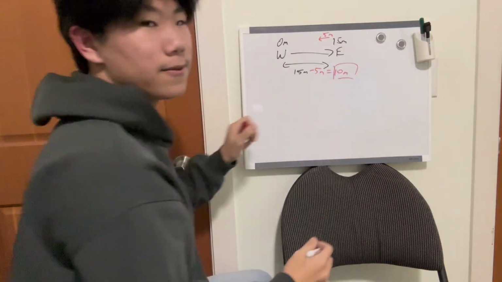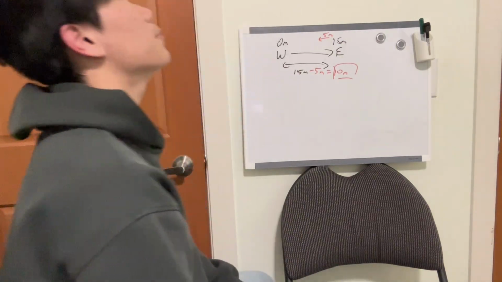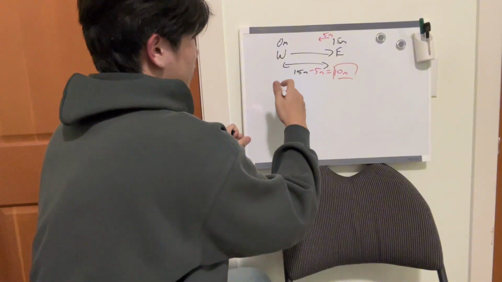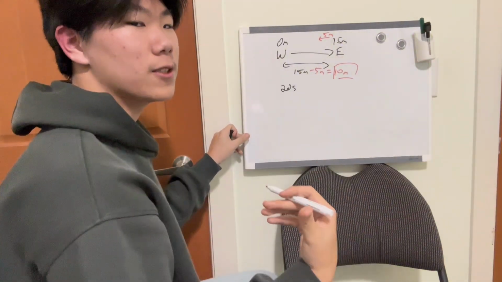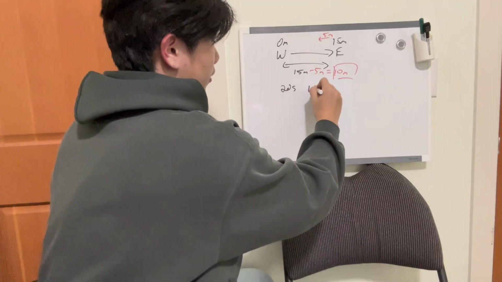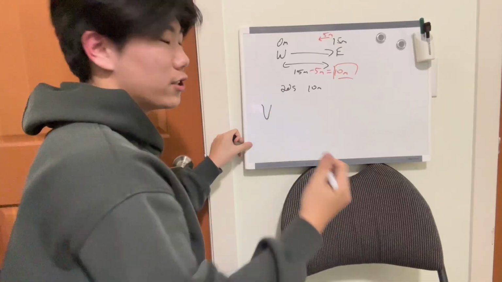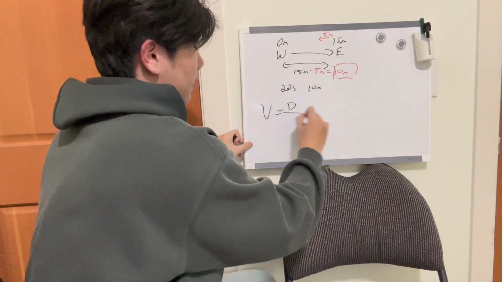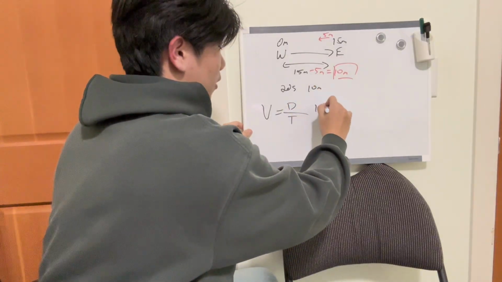That is my displacement. Now, let's say it takes me 20 seconds to fully walk 15 meters there and 5 meters back. My displacement is 10 meters. If we remember, velocity's equation is displacement over time. My displacement, 10 meters.